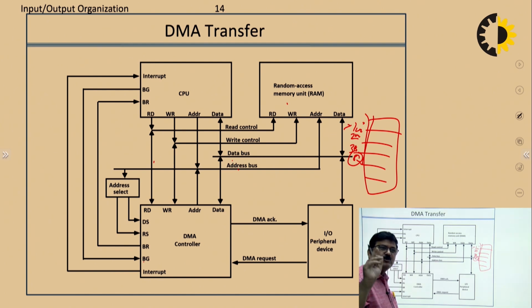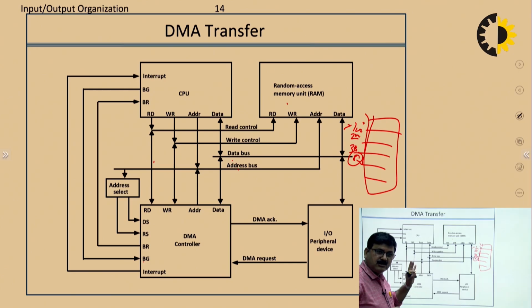The CPU issues the input output command, which tells from which port we have to transfer the data, from which starting address we have to read, how many words we have to read, and whether it is read or write control. All this information told by the CPU is stored in the registers.